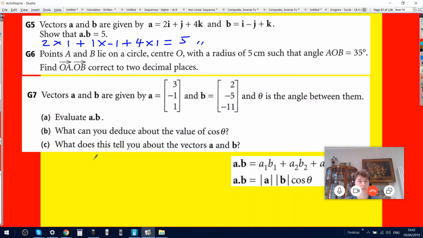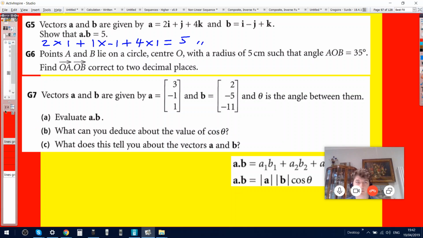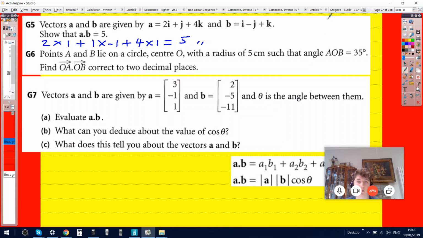Okay. How about G6? Points A and B lie on a circle. The angle AOB is 35 degrees. Find the dot product to 2 decimal places.